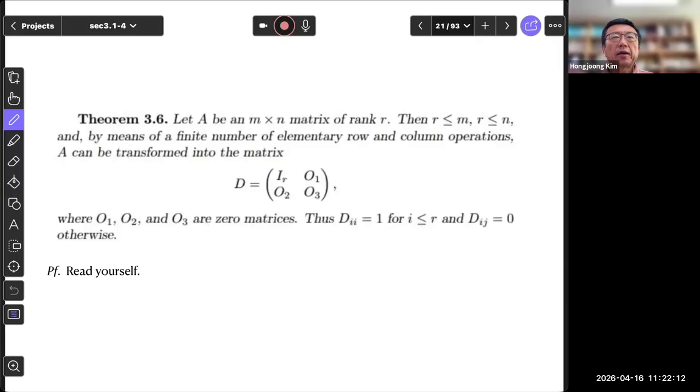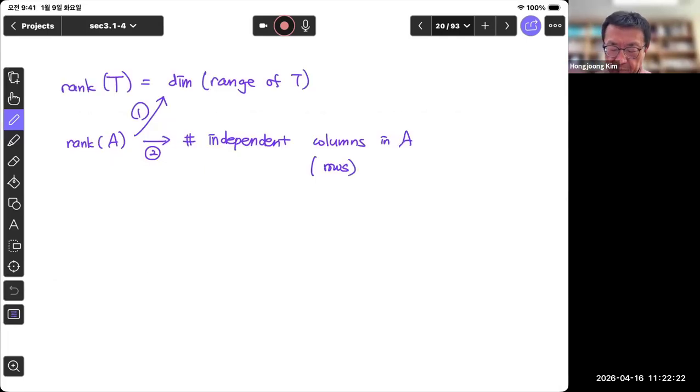Suppose that A is an m by n matrix with rank r. One more thing. The rank of A is the number of independent columns or rows.